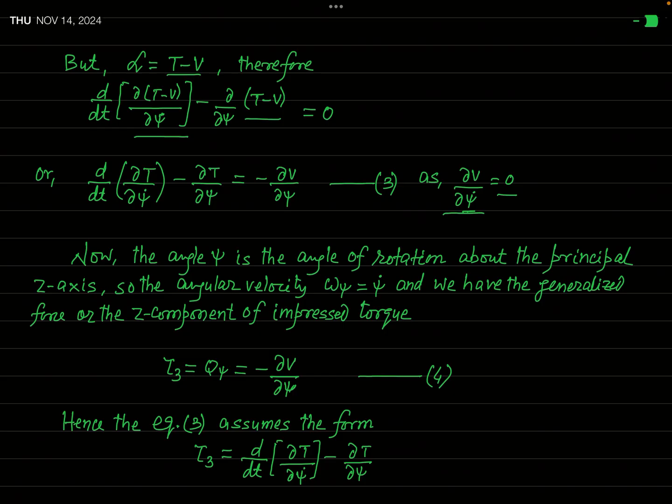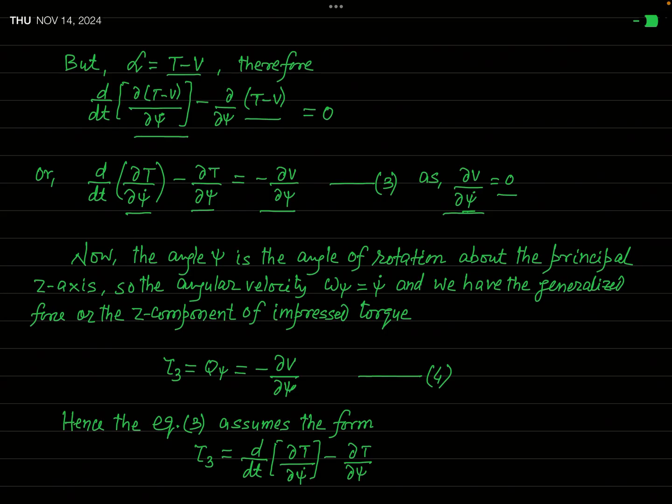Instead of del (T minus V) by del psi dot, there will be only del T by del psi dot. In the second term, there will be minus del T by del psi plus del V by del psi; minus minus becomes plus. I have brought that term to the right-hand side, so this will be equal to minus del V by del psi. So this is the Lagrange equation with respect to the generalized coordinate psi in terms of kinetic energy and potential energy.